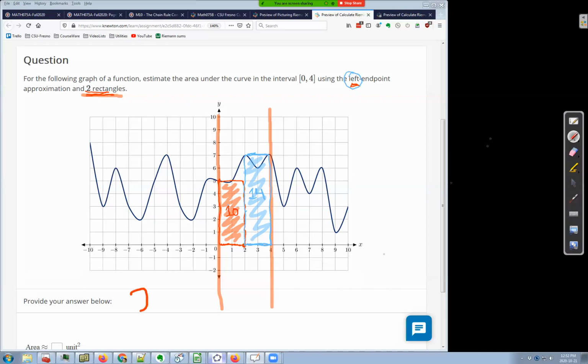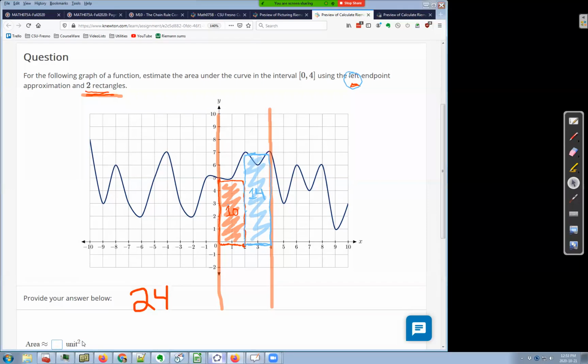So I would say that an estimate for the area under that curve using a left rectangle approximation is about 24. And let's type that in and see what happens.